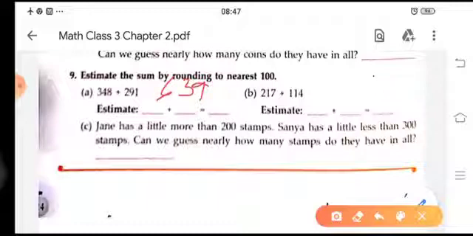So again we'll make both the tens place and ones place 0, and then we'll add here, which number will we add here? 100. Okay, so what does it become?